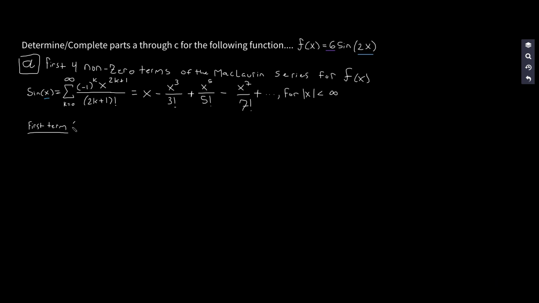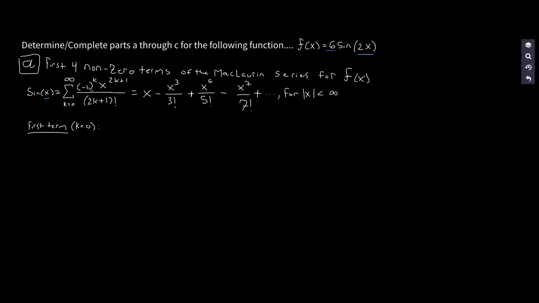The first term is going to be where k equals 0, because we're starting at k equals 0. What's that going to be? K equals 0 is just, let's see, -1 raised to the power of 0 is 1.